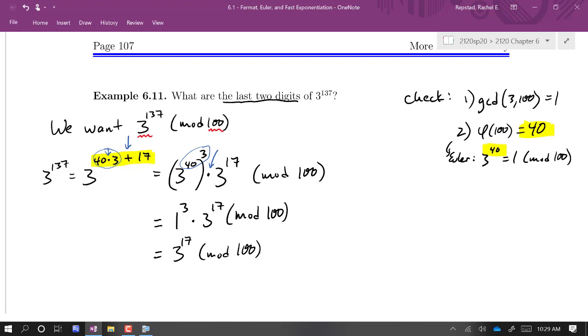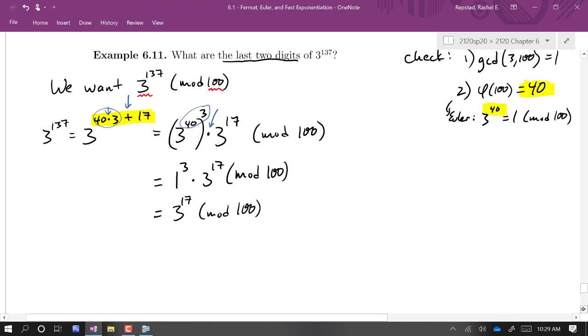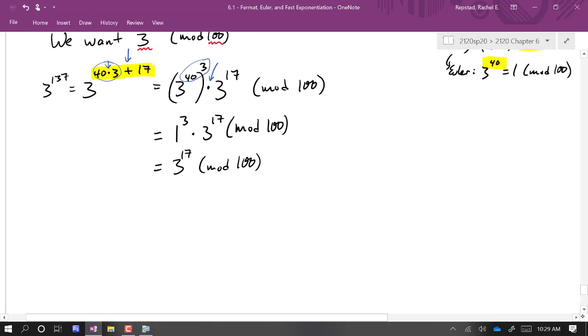But I can set up the fast exponentiation. And fast exponentiation with a power of 17 will be much more efficient than with a power of 137.